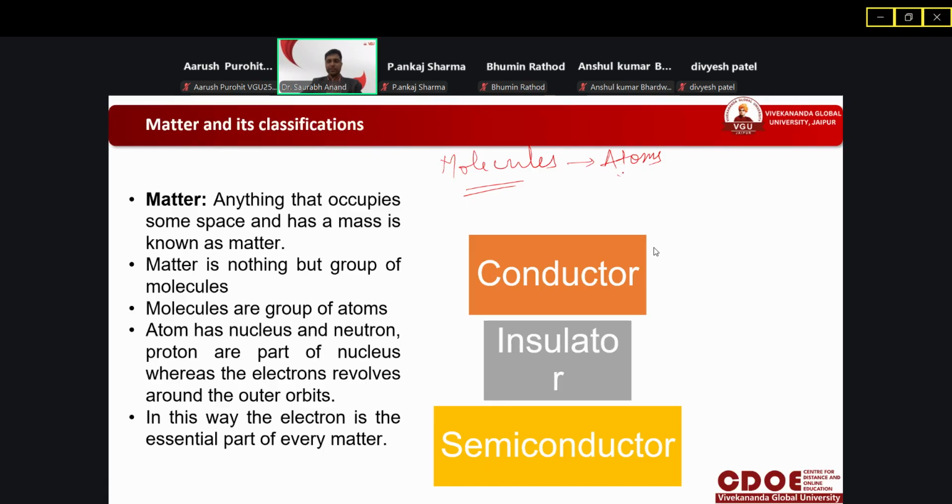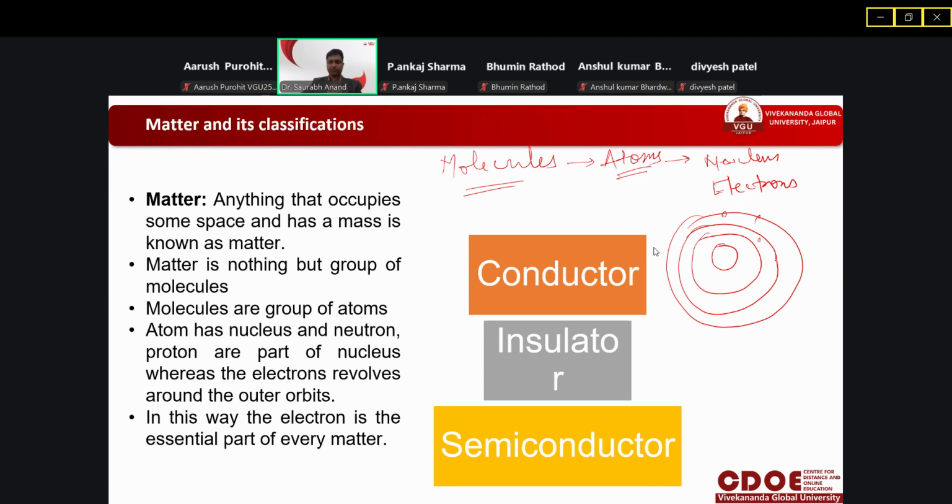Whenever we look inside the atom, there is a nucleus and electrons. There is one nucleus at the center, and in various orbits, circular paths, electrons are moving. The nucleus has protons and neutrons, and these are the electrons.